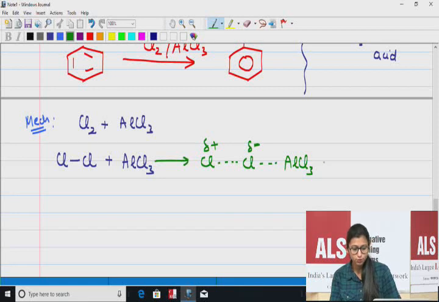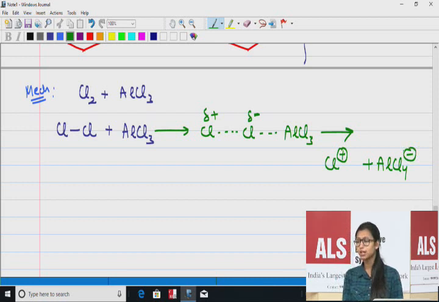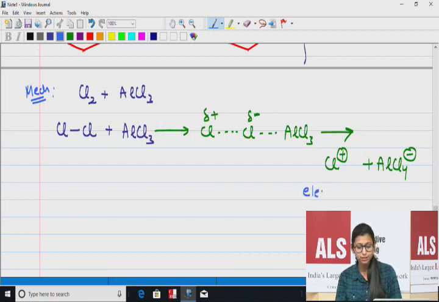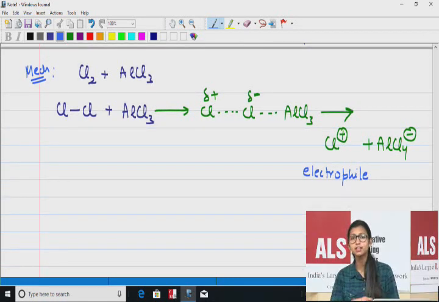When they completely dissociate, we will get Cl plus and AlCl4 minus. Everyone just tell me if this step is clear. This is the electrophile which we have generated with the help of AlCl3, okay? Now, once you get the electrophile, the rest of the reaction is the same.